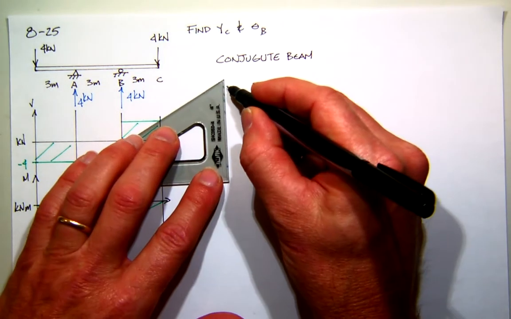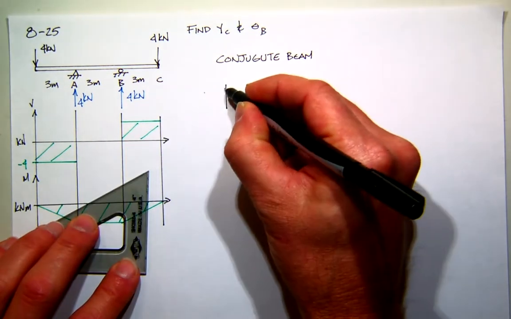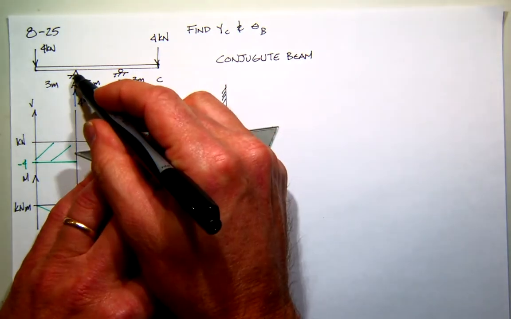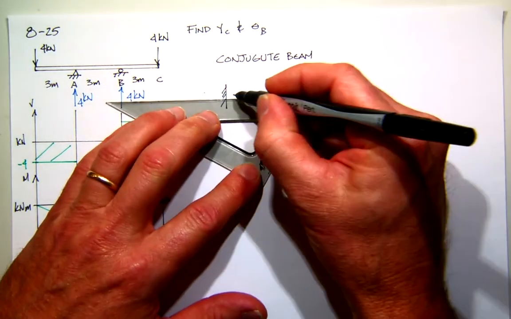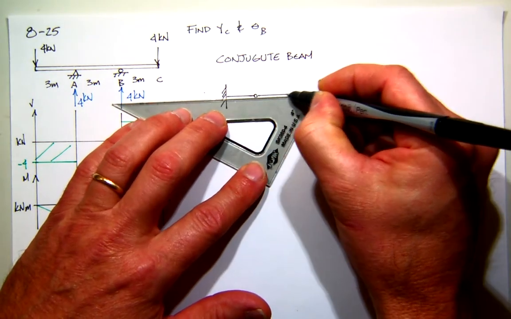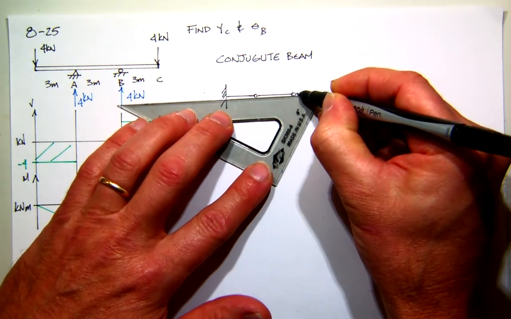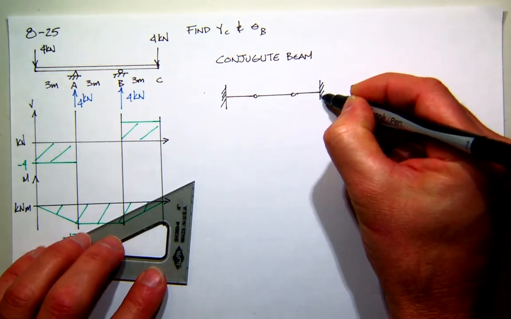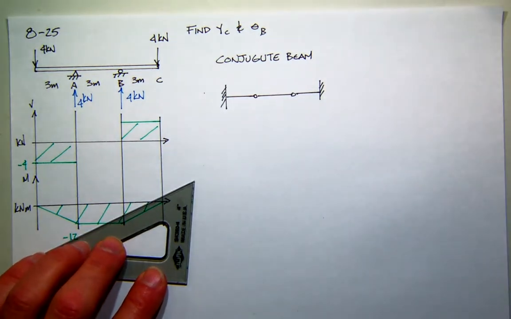You guys can play along. Fixed. And then an internal support becomes a hinge. I think I gave that one away. So hinge, and then the other free end becomes fixed. So there's our conjugate beam.